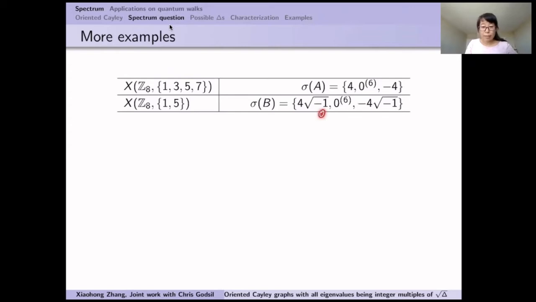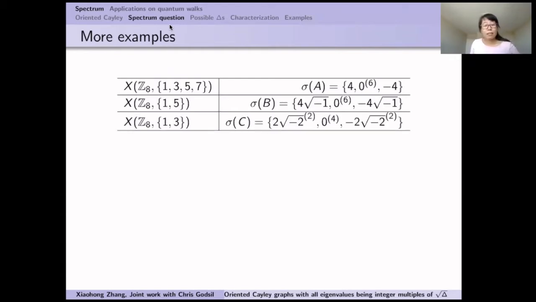Delta equals -1. If we take 1, 3, it also works. Delta equals -2. And those are all the possibilities, if we ignore the case where we take 7 and 3, the negative elements. It just means all the arcs are reversed.